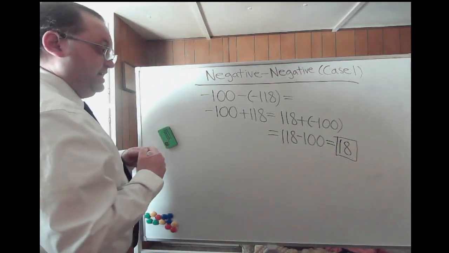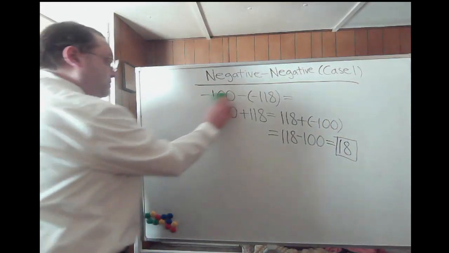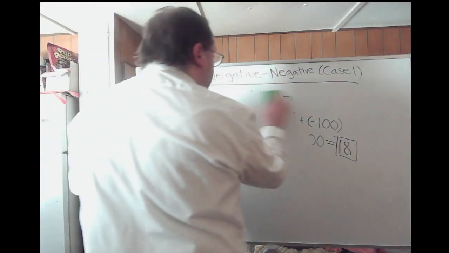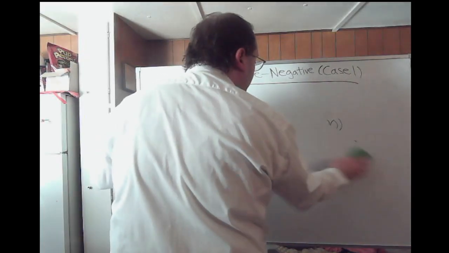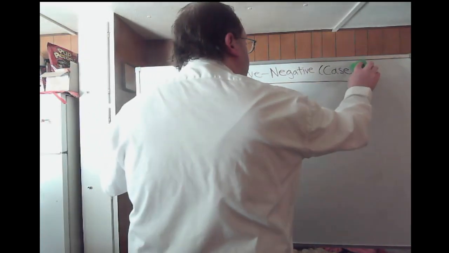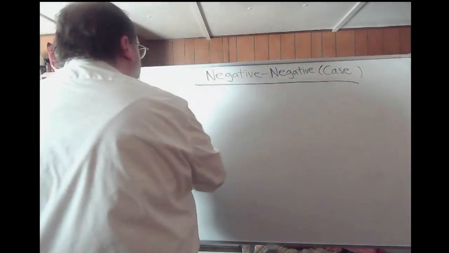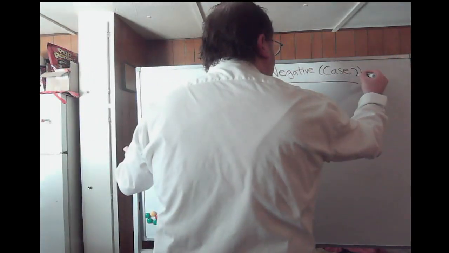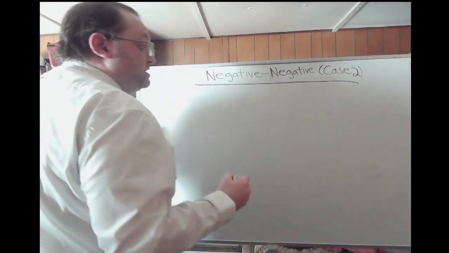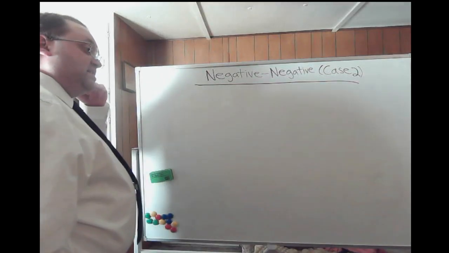It would be positive 18. But let's do case two of negative minus negative. Case two of negative minus negative is actually going to turn out to be case two of positive minus positive. It's just a different spin on it.